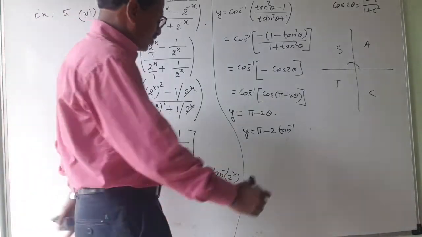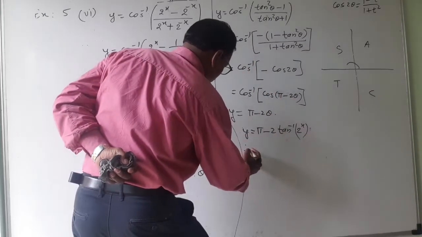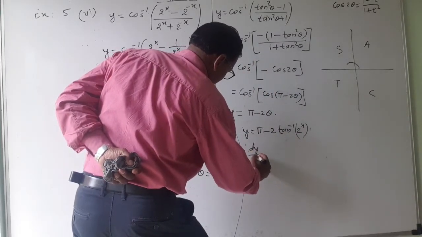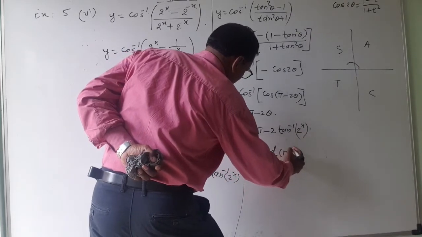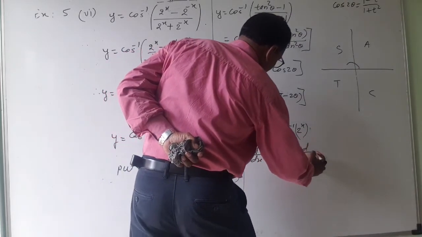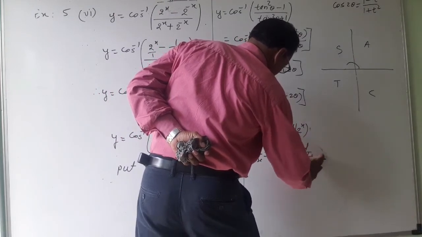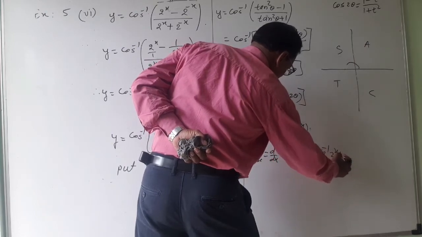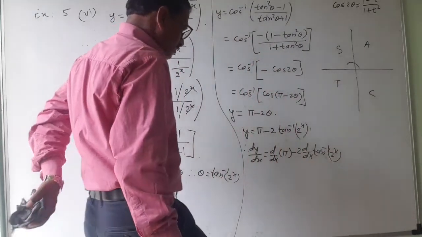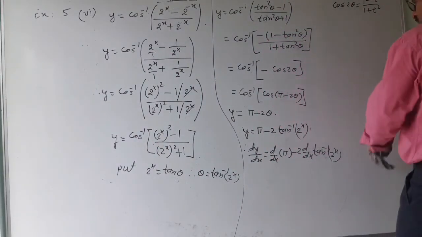Here, 2 raised to x. Therefore, dy by dx is equal to d by dx of pi minus 2 into d by dx of e raised to 2 tan inverse of 2 raised to x. Hope that I am writing this part properly now.